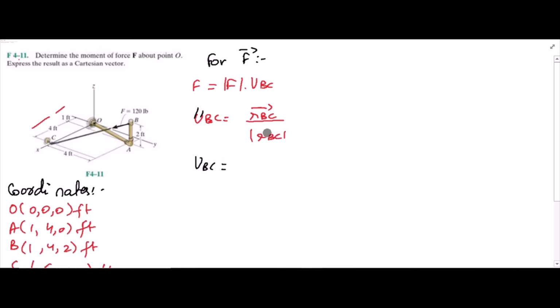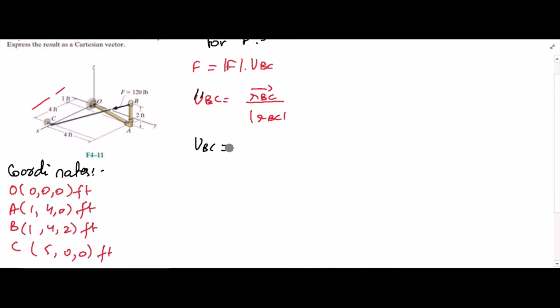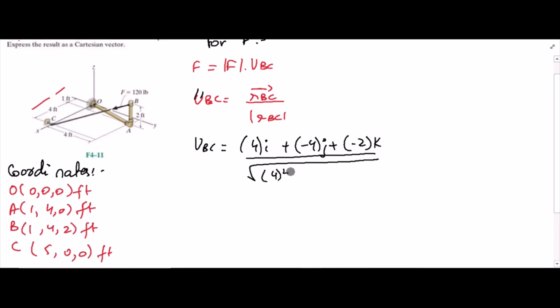U_BC is equal to the coordinates of point C minus the coordinates of point B. So it is 5 minus 1, 4i, plus negative 4j plus negative 2k, divided by the square root of 4 squared plus negative 4 squared plus negative 2 squared.